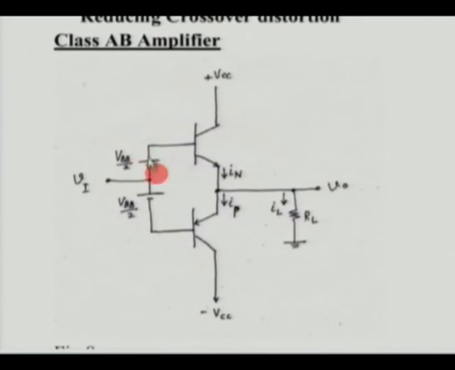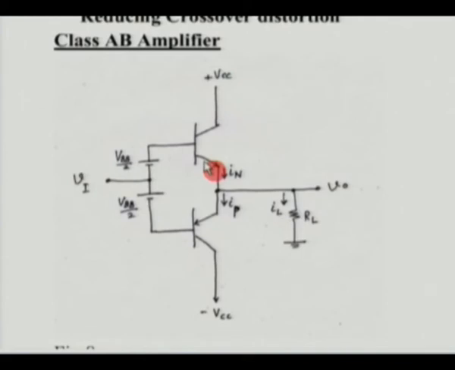Now the purpose of this particular battery is to ensure that when there is no signal, when VA is equal to 0, we would like the NPN transistor to be just at the threshold of conduction, because if we adjust that voltage on the higher side, then the transistor would conduct, and we will get into a class A situation throughout.